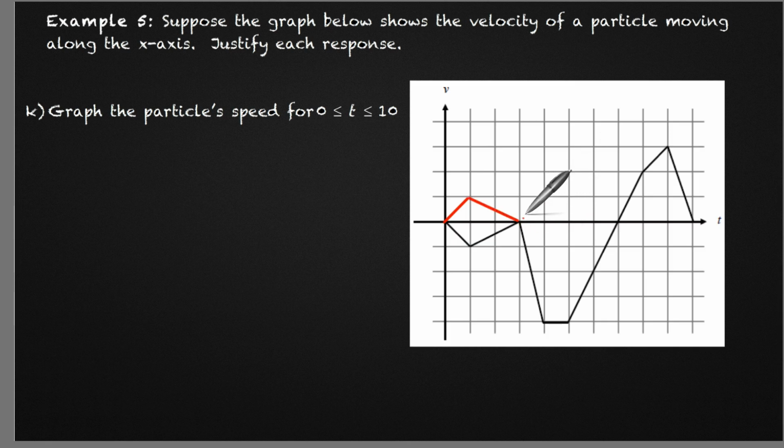And then that's going to go all the way up to, looks like 4. 1, 2, 3, 4. There we go. And then it's going to be another line there. And then this is going to basically turn into that. And then the rest of it just stays the way it is because it is already positive. So that would be the speed. Speed is just the absolute value of the velocity.